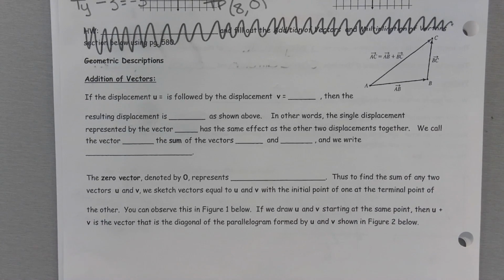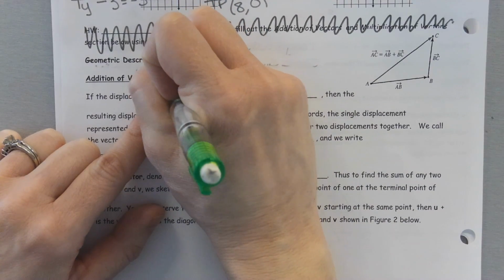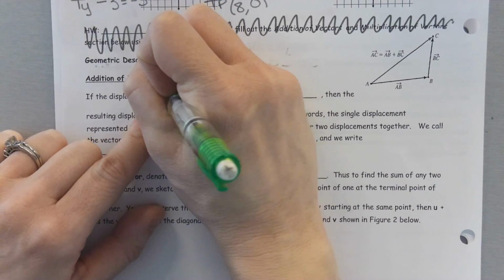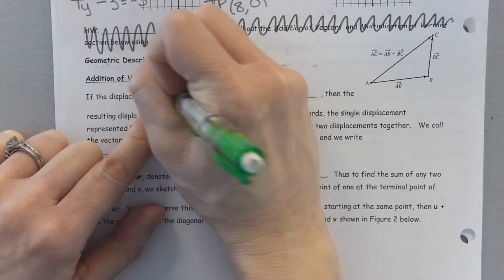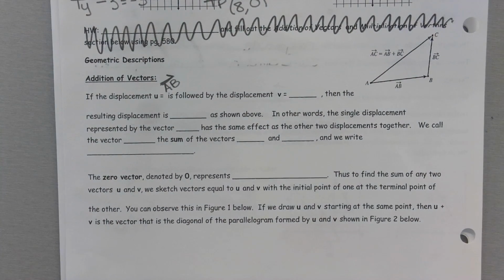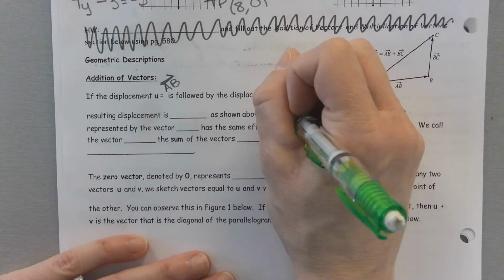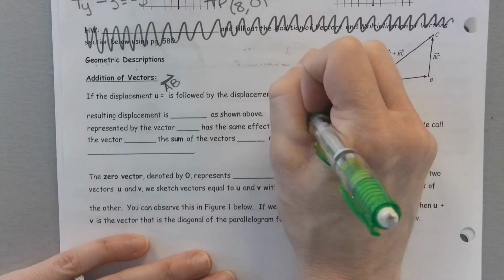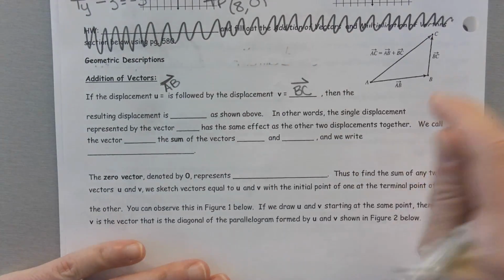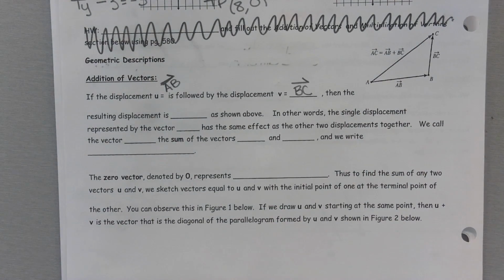So, if the displacement of u equals, and there should have been a blank here, but there wasn't. So let's say the displacement equals vector AB. And then let's say vector v is the displacement BC. If we were to add those two vectors together, it would give us this vector AC.